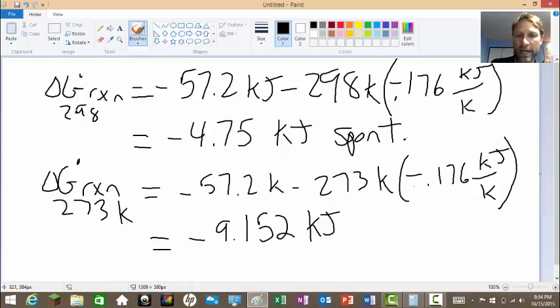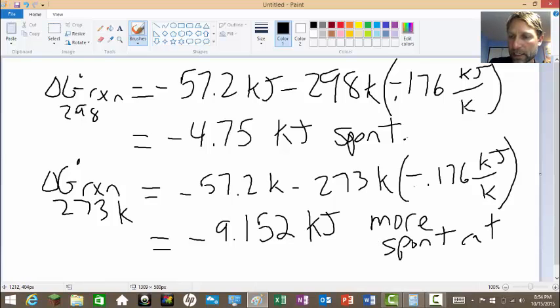So what we've seen now is that since this number is more negative than the minus 4.75, we can say that the reaction is more spontaneous at low T.